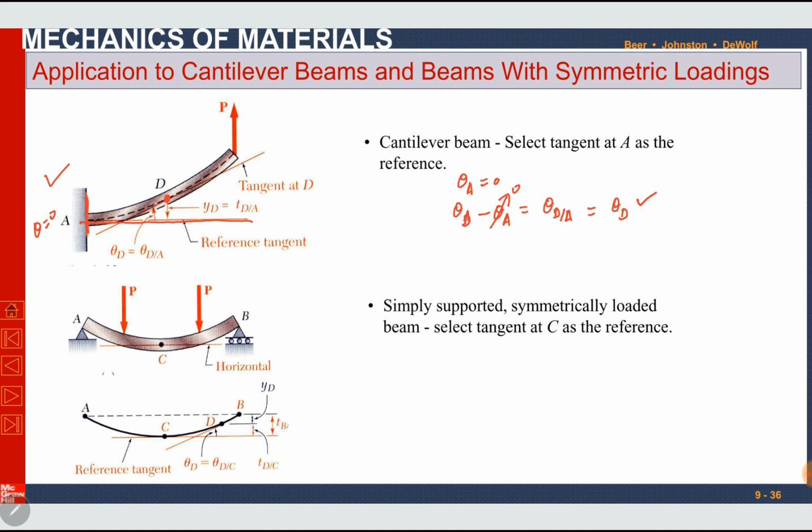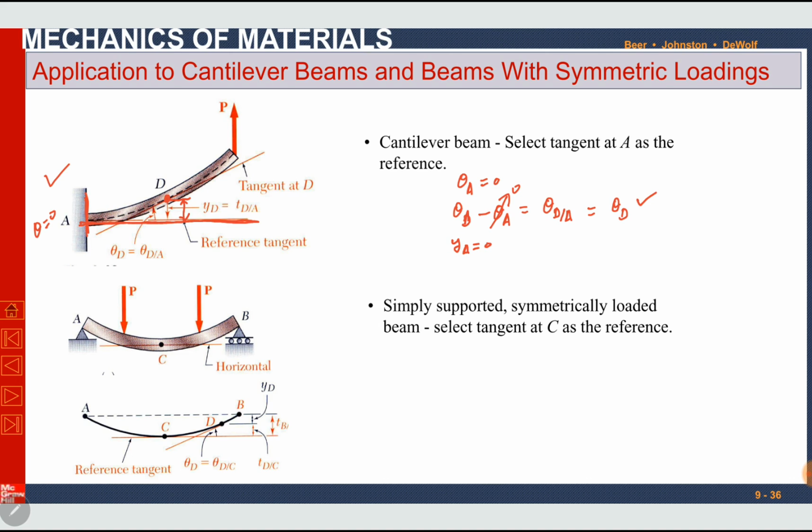Okay, if we want to find the deflection of this point D, this deflection YD. Again, at the fixed point A, the slope of the tangent is 0, so it will be a horizontal line. So we know that YA is 0.